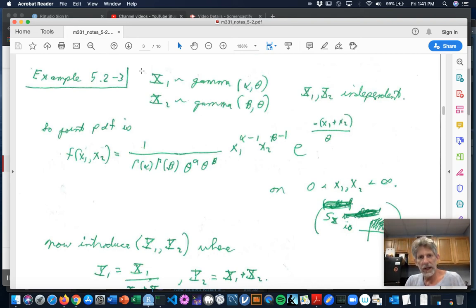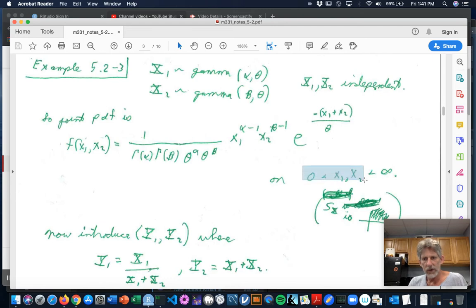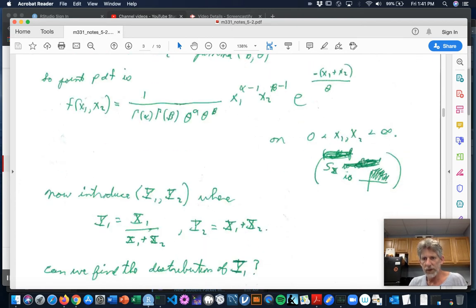So the PDF for x1 would be 1 over gamma of alpha, theta to the alpha on the bottom, x1 to the alpha minus 1, e to the minus x1 over theta. And then similarly for x2, so when you multiply them together, you could write it all out like that. And that works for all positive x1s and x2s. So the support here is the first quadrant.